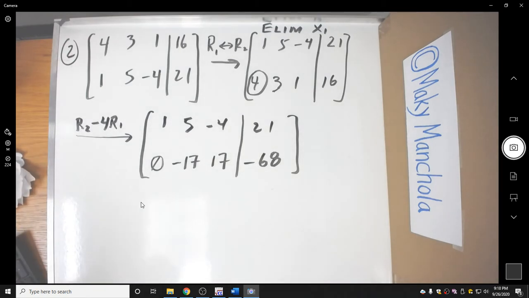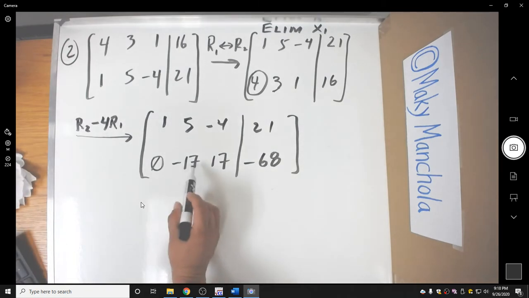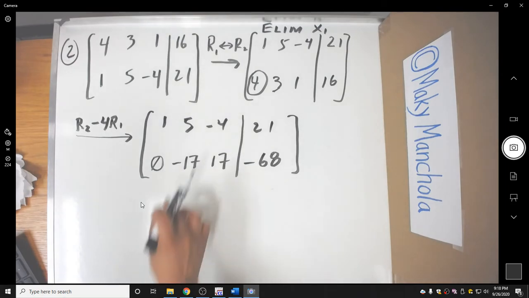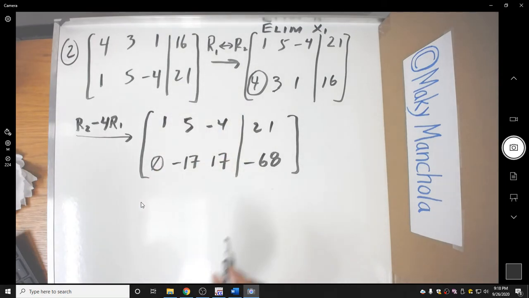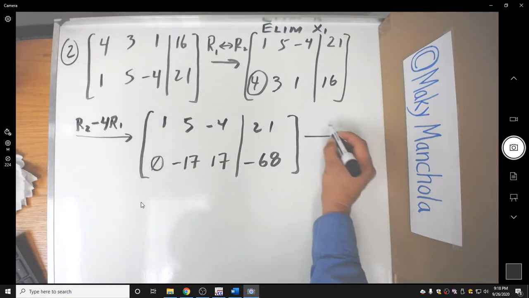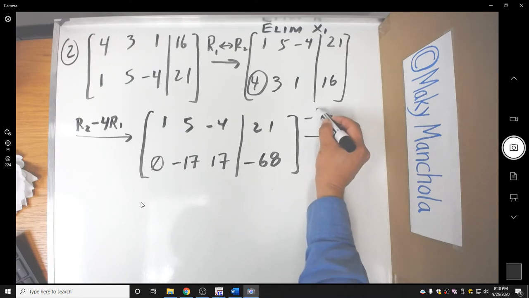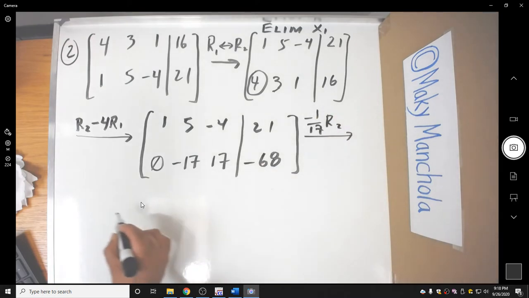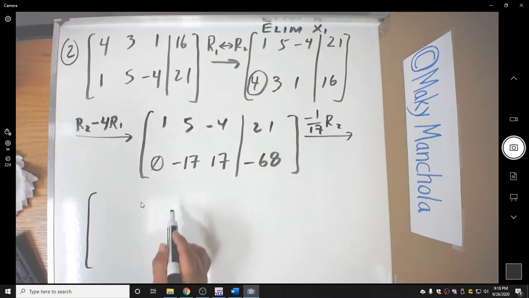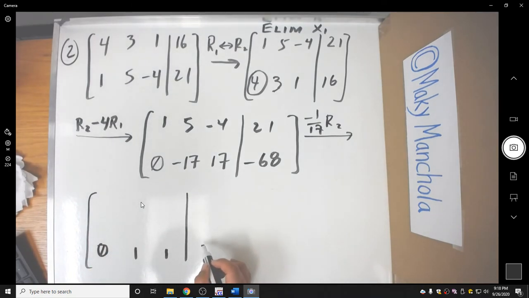Okay, now let me make this a 1 so that I can use it to eliminate the 5. So take row 2 and multiply by negative 1 over 17. So I end up with 0, 1, 1. And then negative 68 over negative 17, that's a positive number.